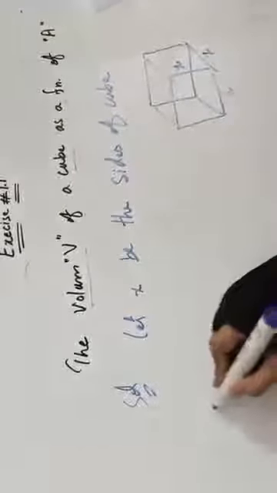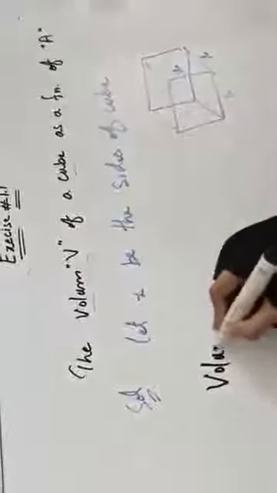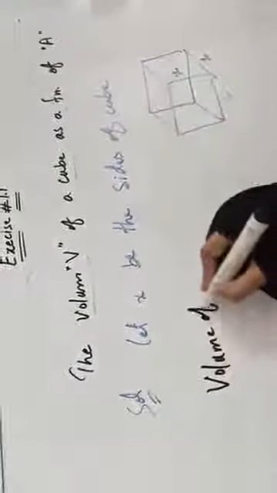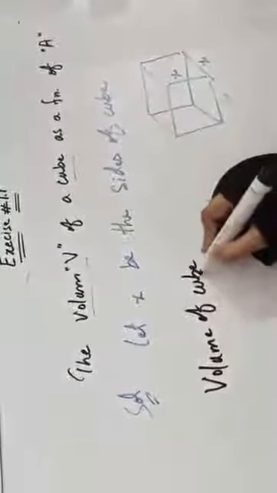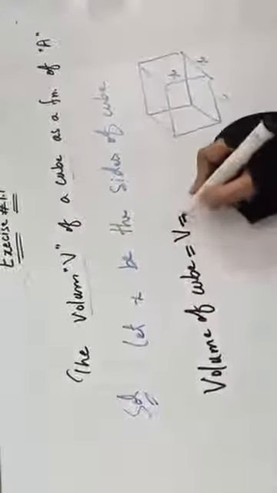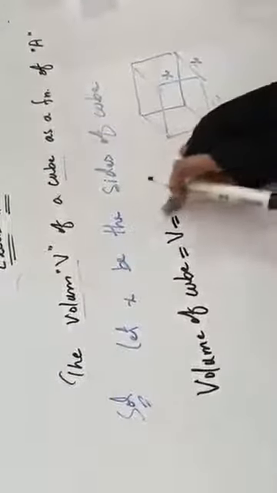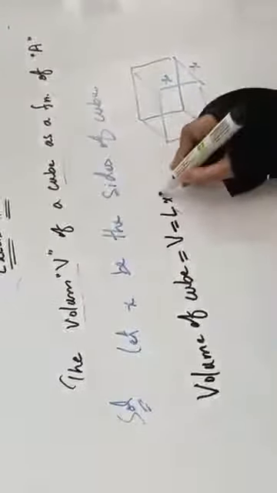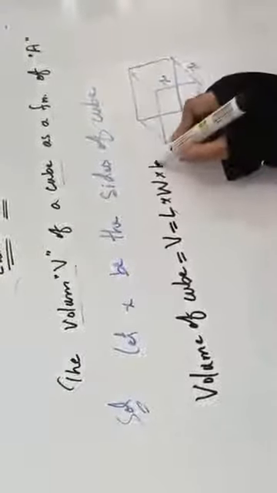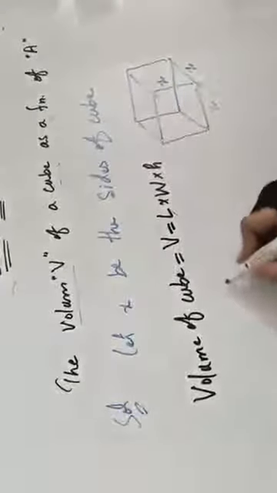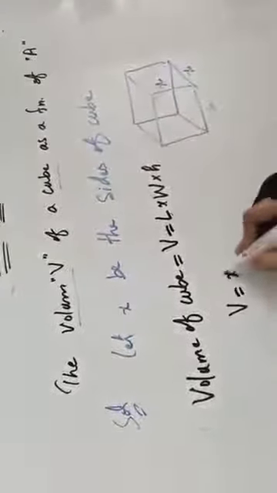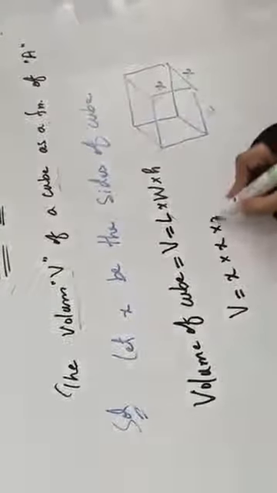So the volume of this cube V is length into width into height. So volume V is written as x into x into x.